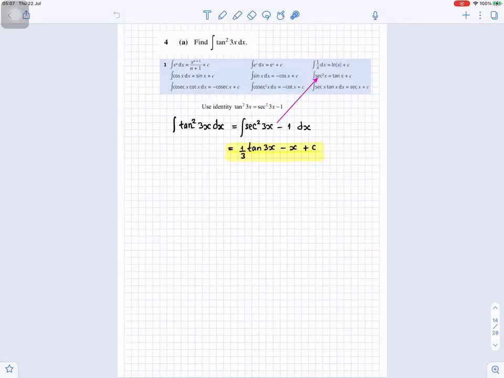And what's the integral of sec squared 3x using this one? We differentiate 3x, it becomes 3, and divide by 3. So it's 1 over 3 tan 3x minus the integral of 1, which is x, plus the constant of integration.